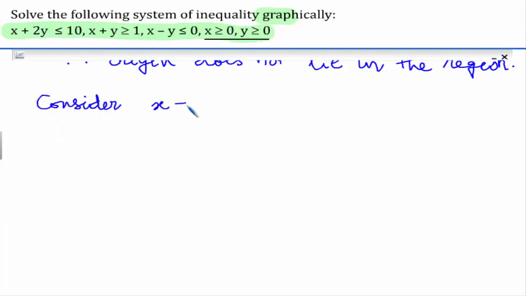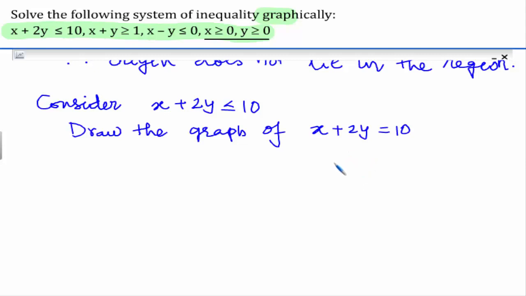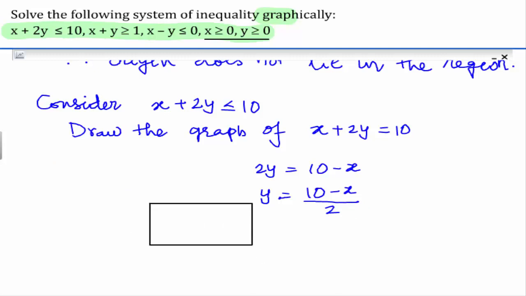Now let us consider the final one, that is x plus 2y is less than or equal to 10. So we have to draw the graph of x plus 2y is equal to 10. So 2y is equal to 10 minus x. So y is equal to 10 minus x by 2. Now let us prepare the table for the ordered pairs. If x is equal to 0, then we get 10 by 2, that is y will be 5.